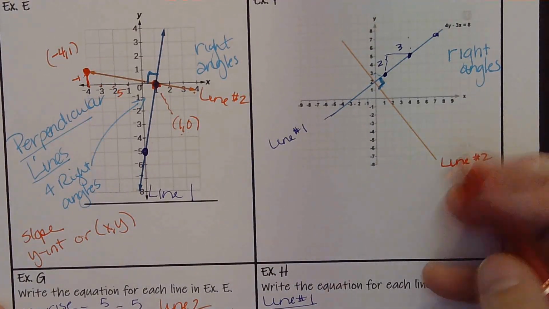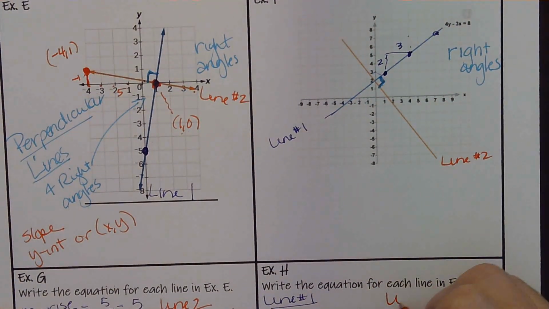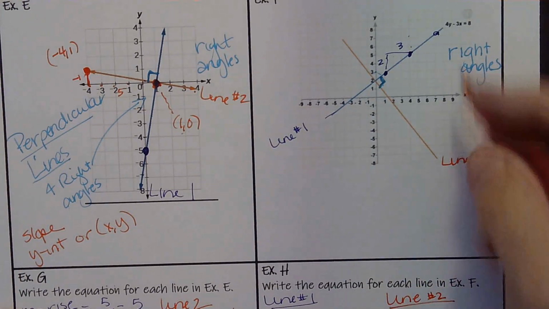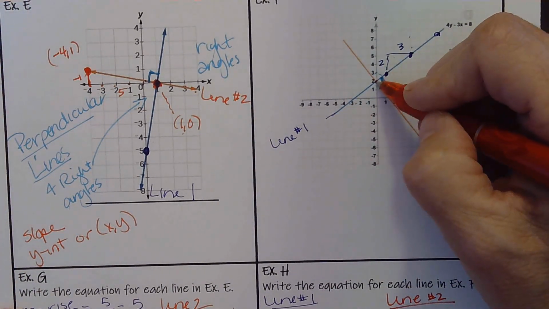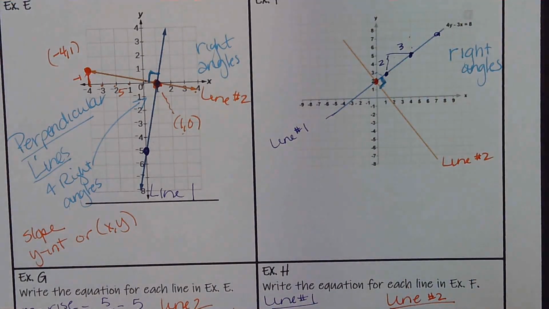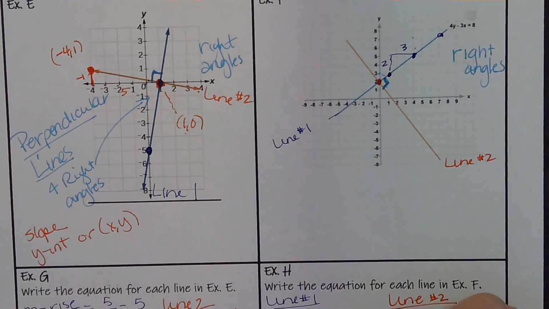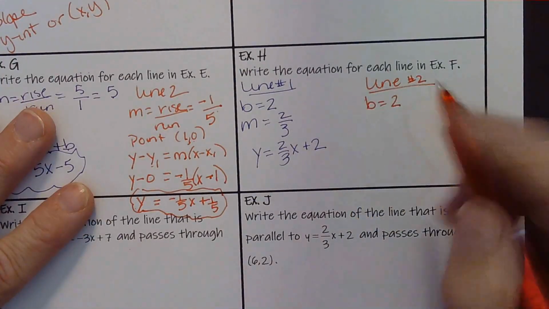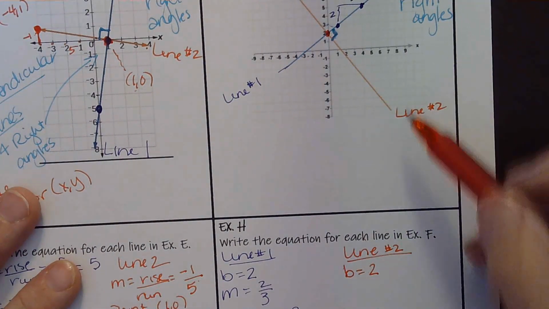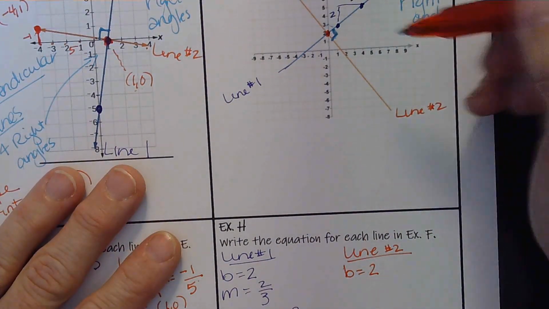All right, so now let's determine the same information, if possible, for line number 2. Line number 2 intersects here at 2, so that's good. The y-intercept for line 2 is also 2. So now let's determine the slope.